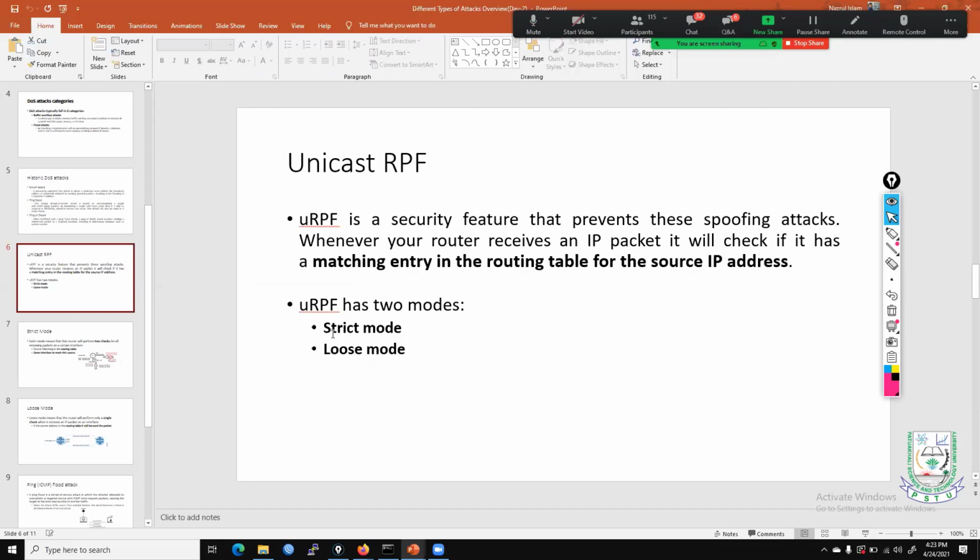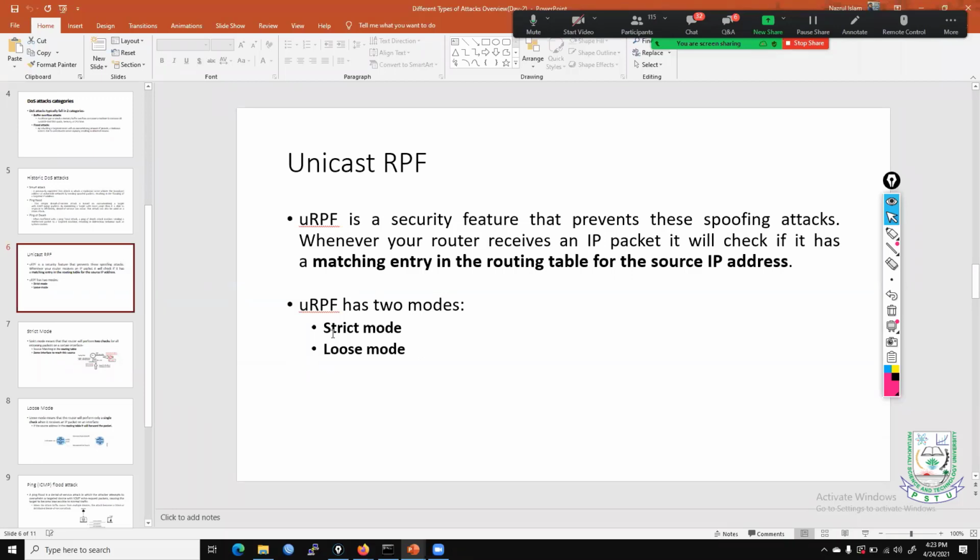Normally, when our router receives a unicast IP packet, it only cares about the destination address, not the source address. With Unicast RPF, it also matches the source address against the routing table.